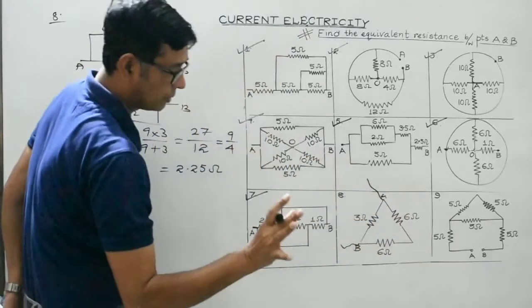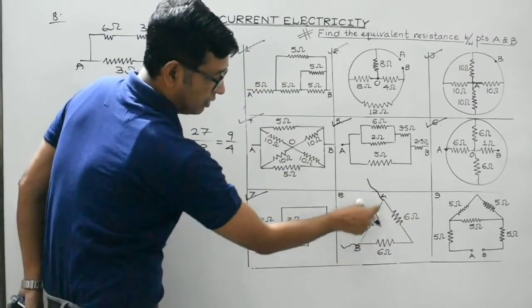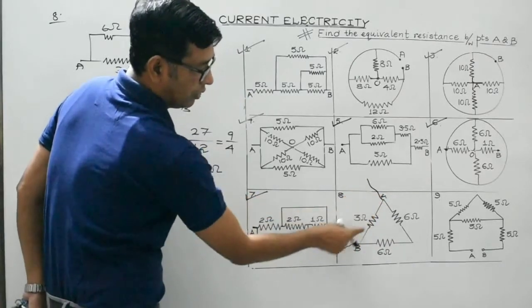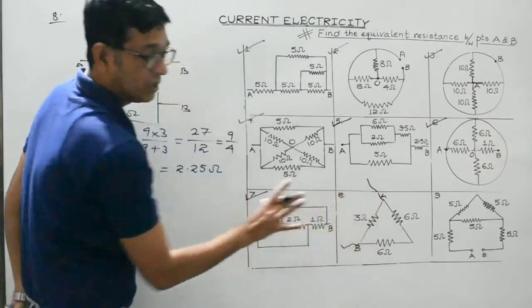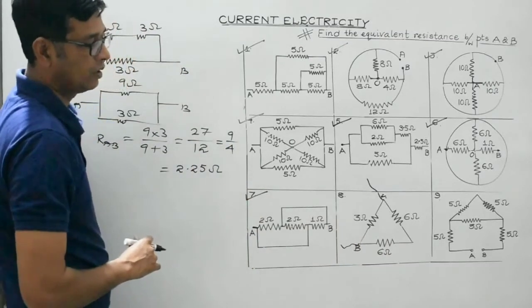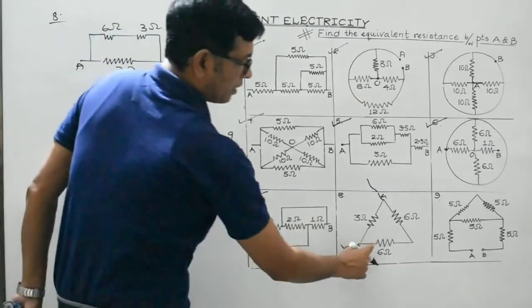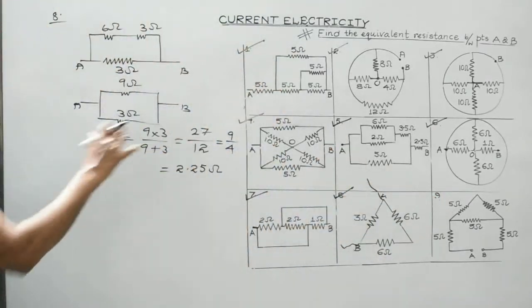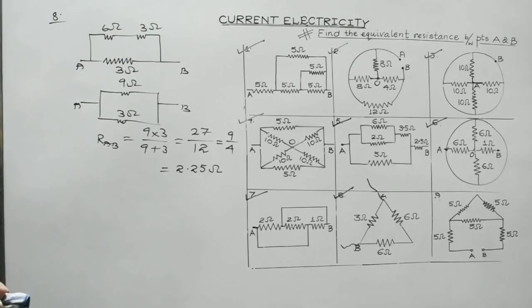So always remember, the branch whose ends are connected between the points A and B, that is to be solved in the last step, right? So what to do is, let's consider question number 9, the last one. This is done, 8th question, its answer is 2.25 ohm.